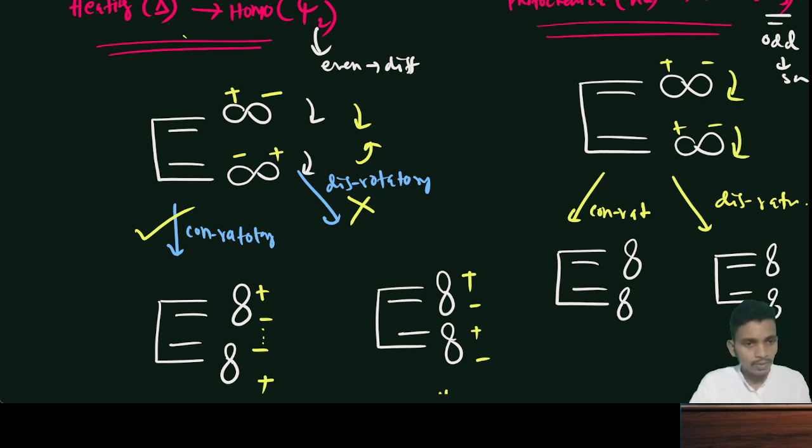So this is going to be positive above and negative coming down. So this is also positive and negative, because I am rotating this in the same direction. Now disrotatory means I will rotate in different directions. If I am rotating one like this, then the other I have to rotate like this. It means that if it is positive and negative for conrotatory, then for this the above will go negative and the down will go positive.